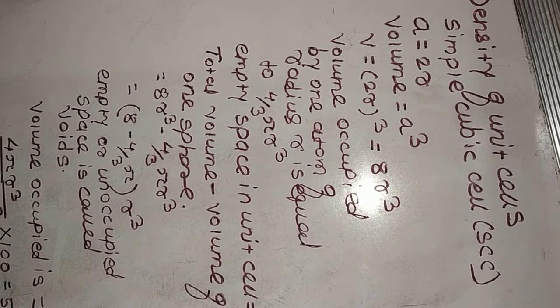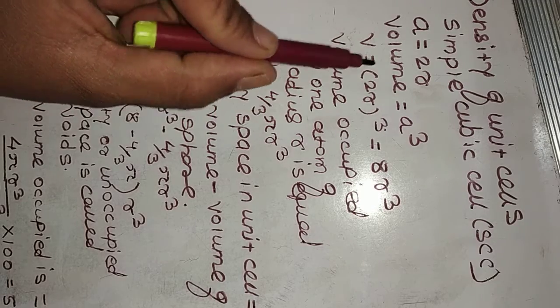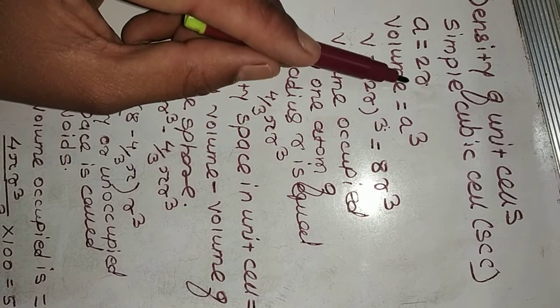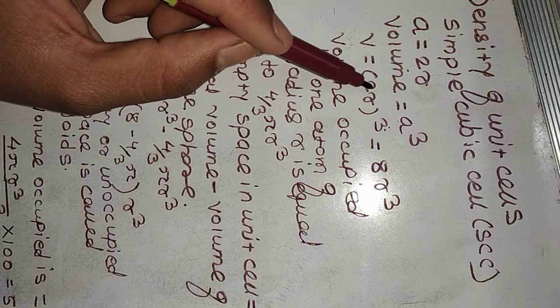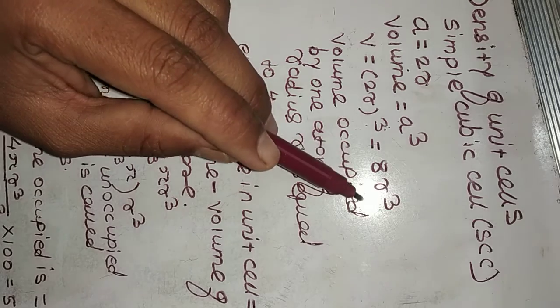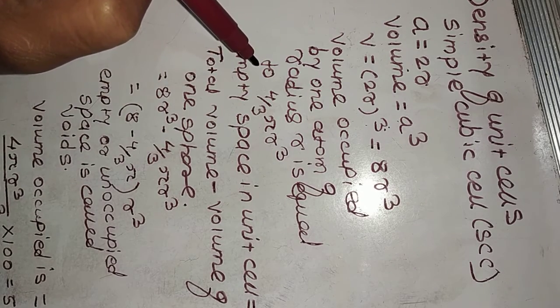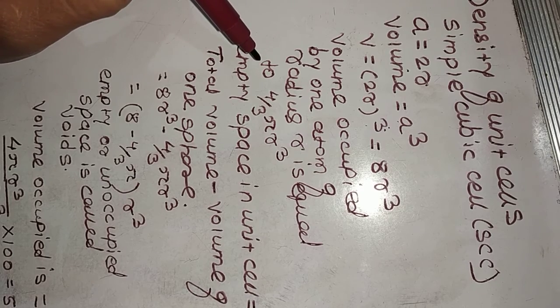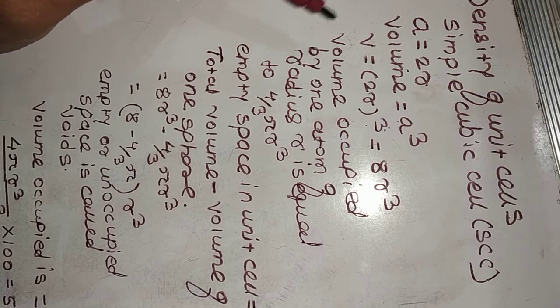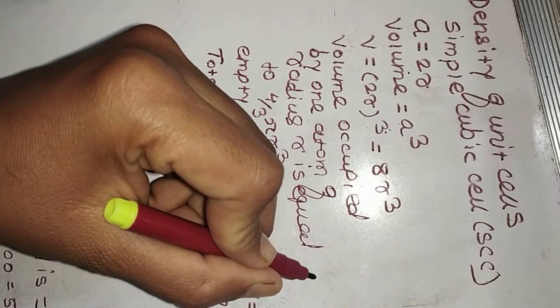That's why volume of the cube is V equal to A cube, and A is equal to 2R. You can put the value in this. A is equal to 2R. Cube of 2R is 8R cube. Volume occupied by one atom of radius R is equal to 4/3 pi R cube, because your atom is spherical.